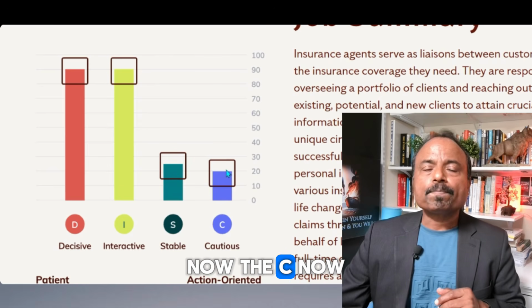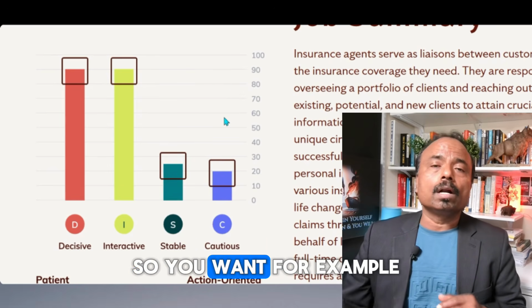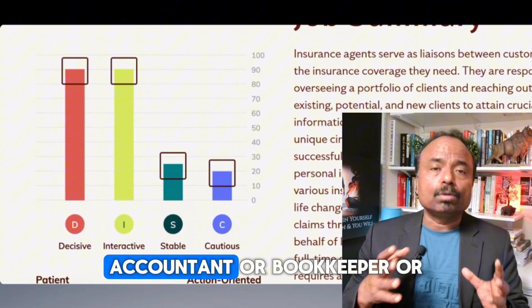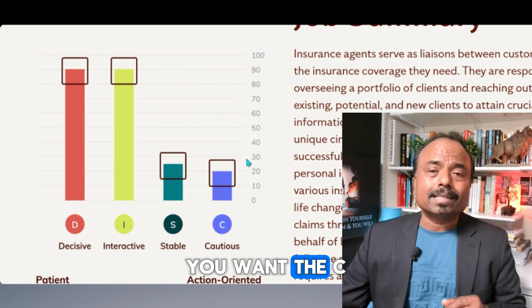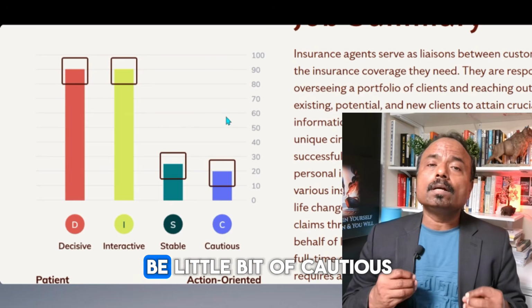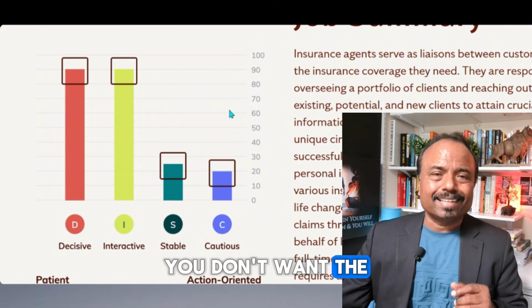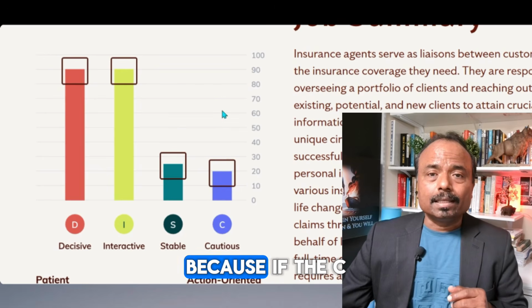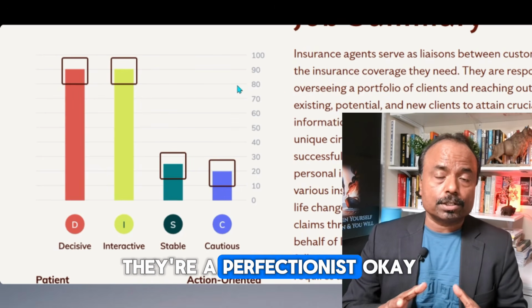Now C is cautious. So for example, for your accountant or bookkeeper, or your personal assistant, you want the C to be a little bit high because they have to be a little bit cautious, not salespeople. You don't want salespeople to have a high C, because if the C is high, they're so cautious and they're perfectionists.